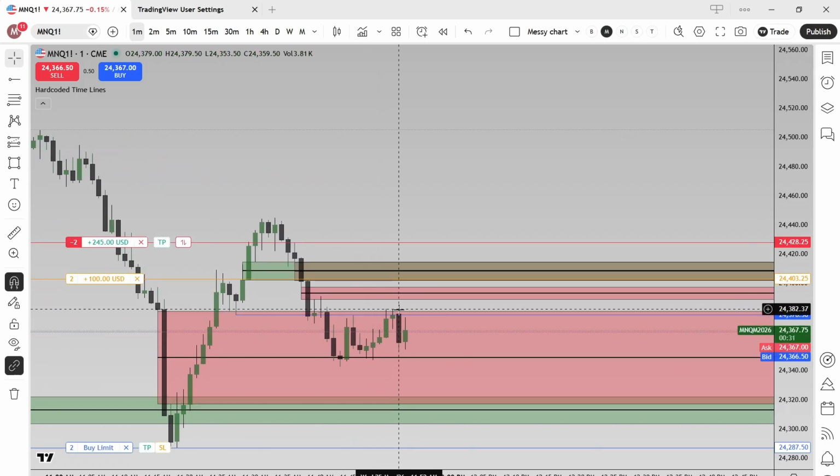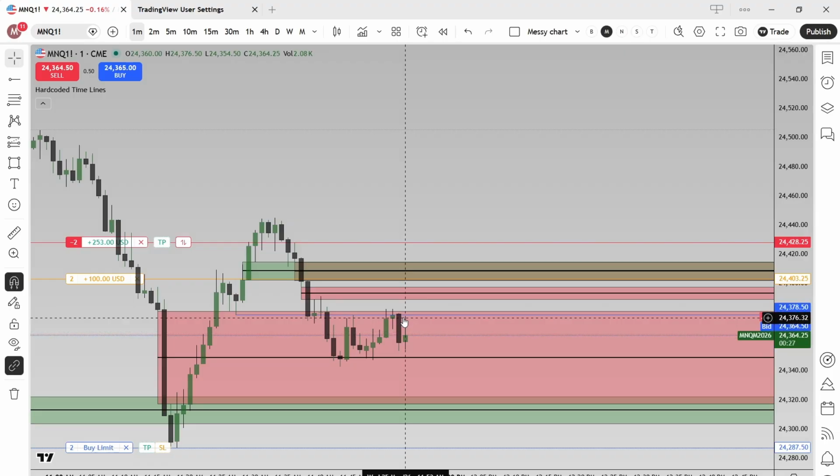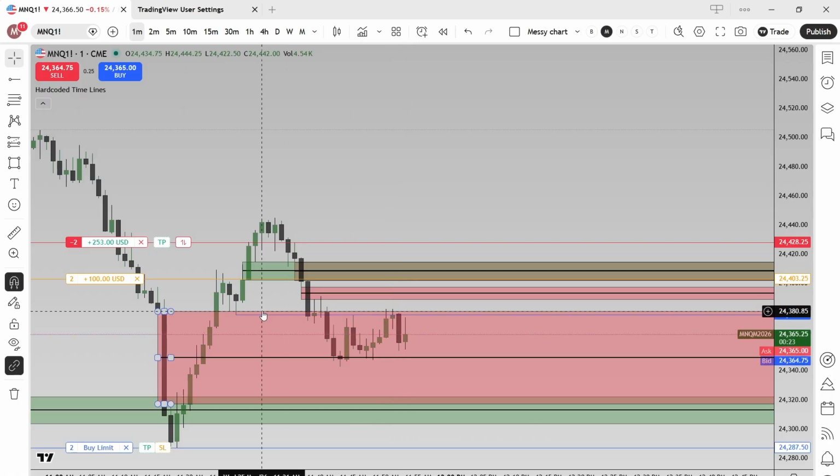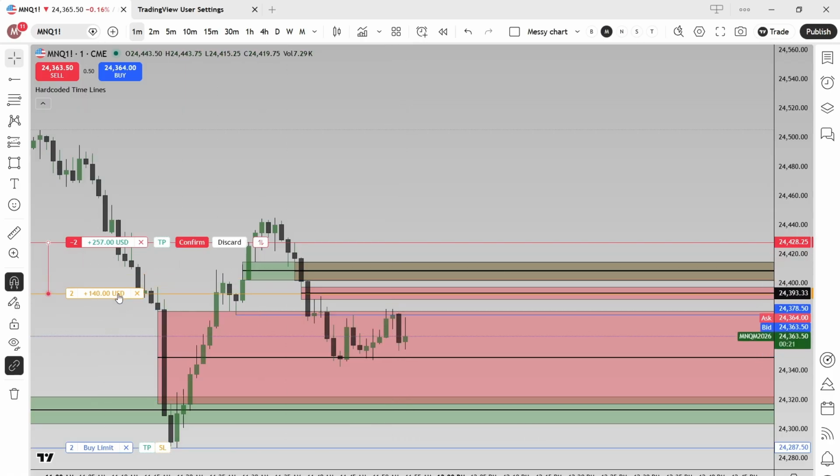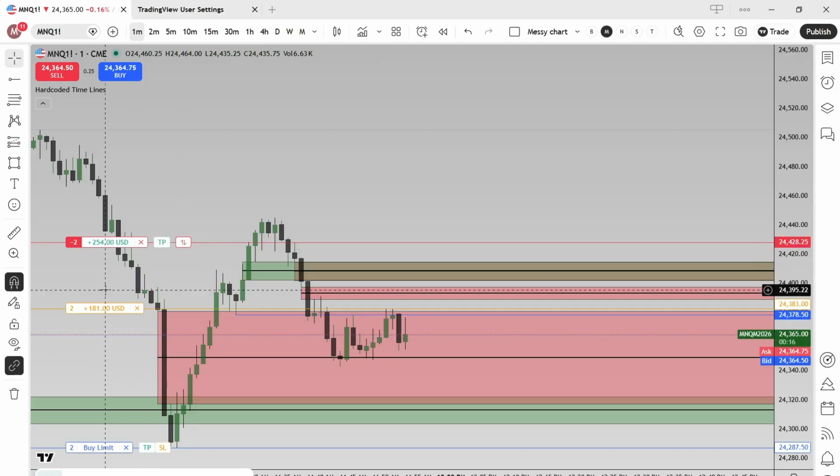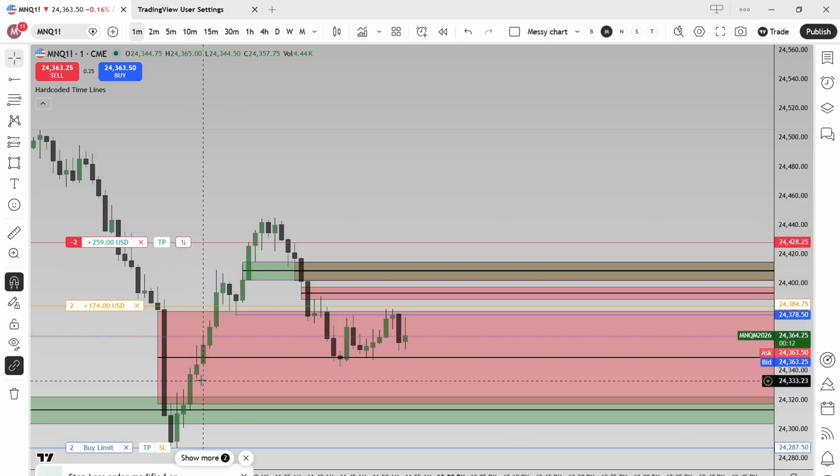If it closes up here, I might just call the trade because I don't really want to see it move any higher than that. I'll try the stop loss. There's only 6 minutes left, so.